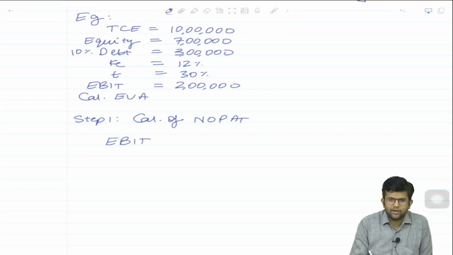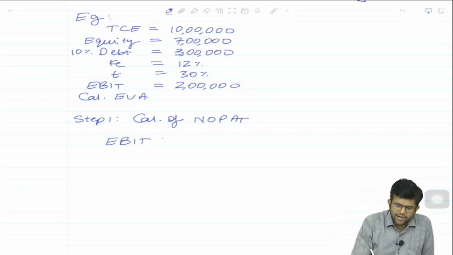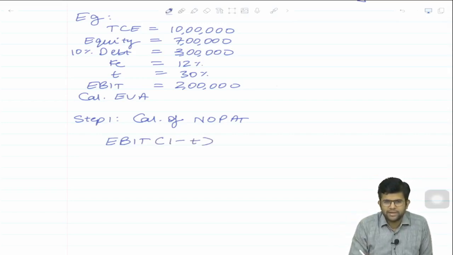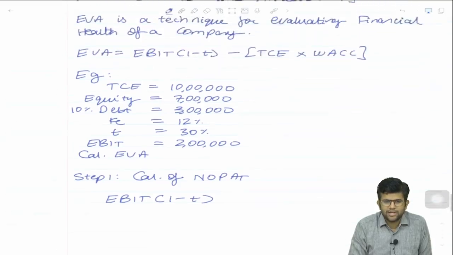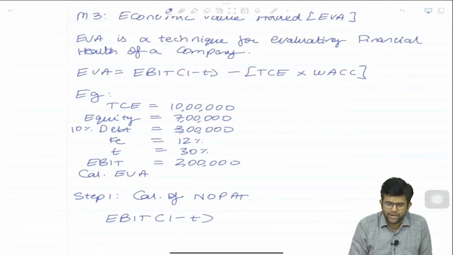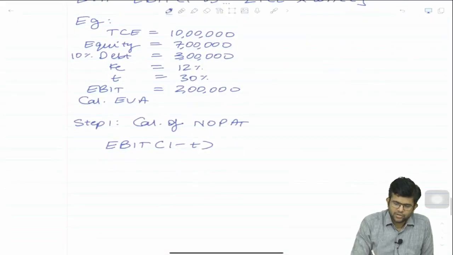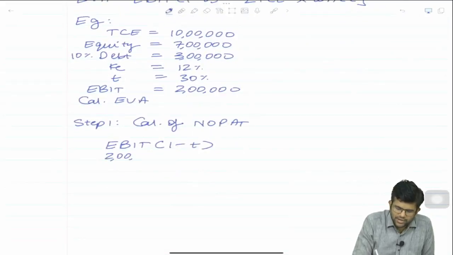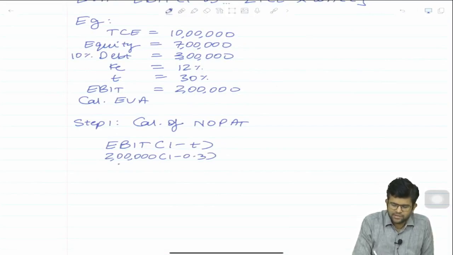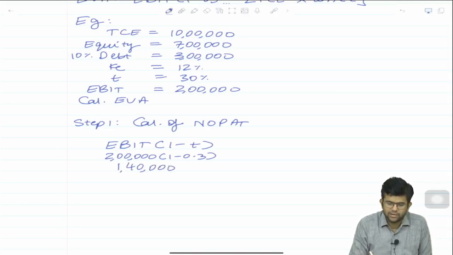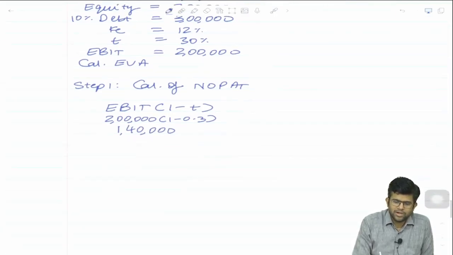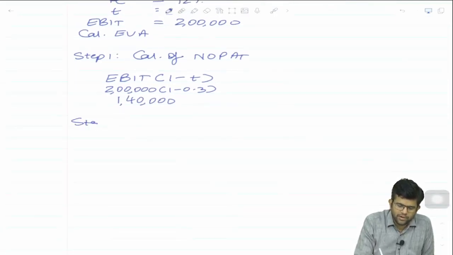After tax means you will have to do into 1 minus T. That's why it is called NOPAT, not NPAT. EBIT here is 2 lakhs into 1 minus 0.3, that is basically 70%. This is 1,40,000. Everybody clear till here?